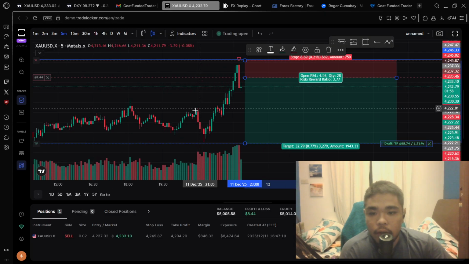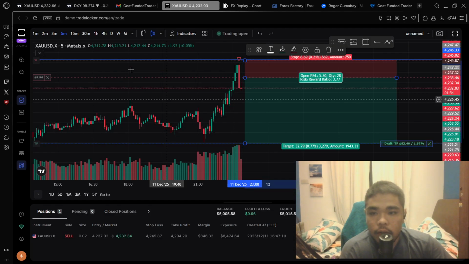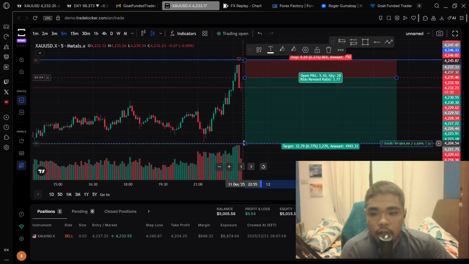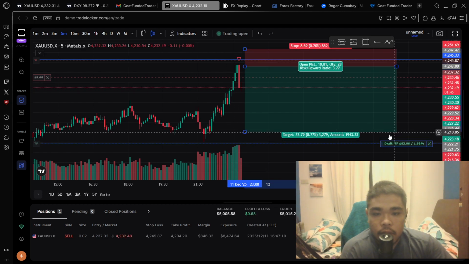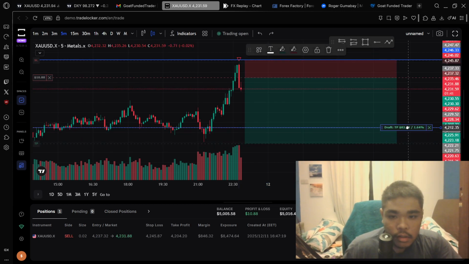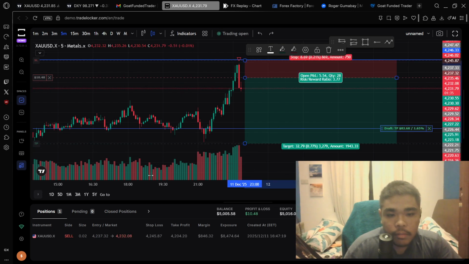Actually, it's set up better on this order block right here, which is the red candle right here. So, okay, doing that correctly. Yeah, full TP right there.